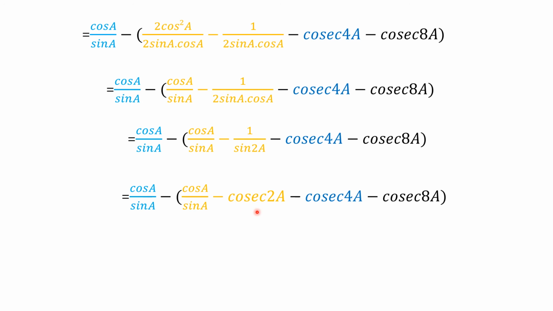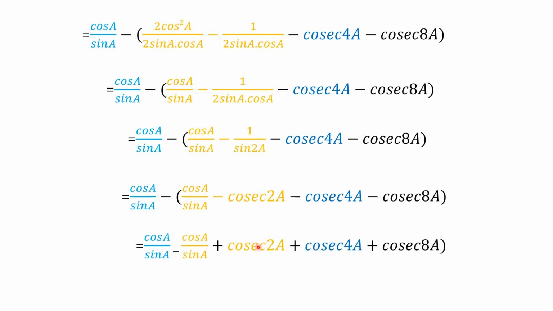Now we will open the bracket. Here is a minus sign. This minus sign, when we open the bracket, we will change all the signs. So upon opening the bracket, we will get this line. Look, here is minus and here is plus sign. So minus plus is minus, and minus is plus, minus is plus, minus is plus.